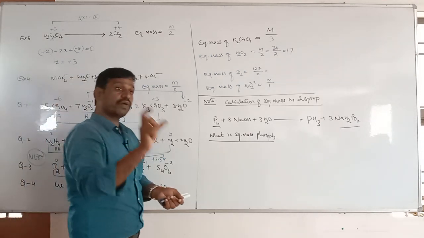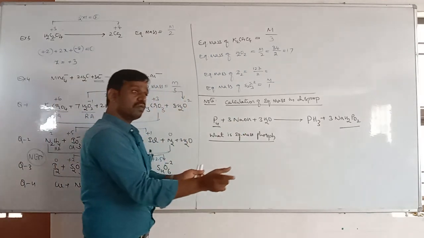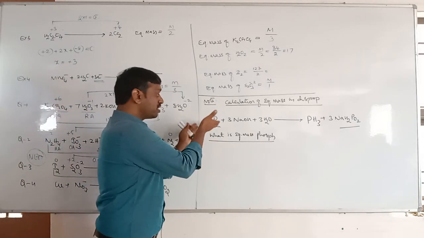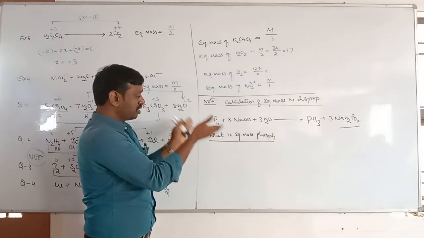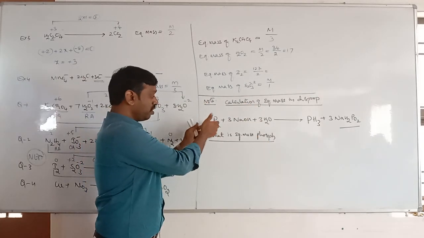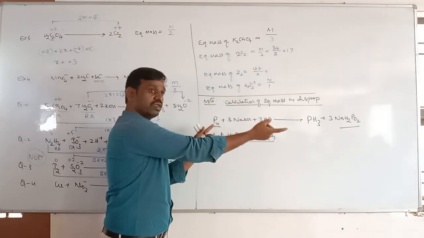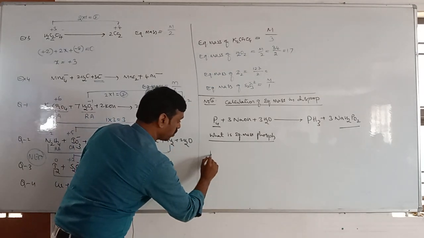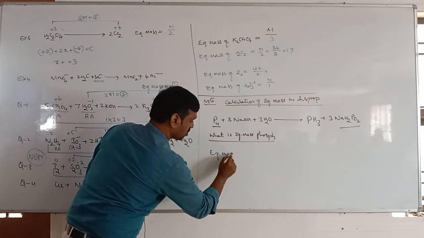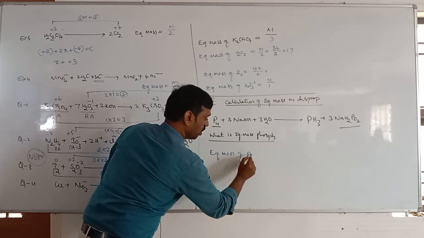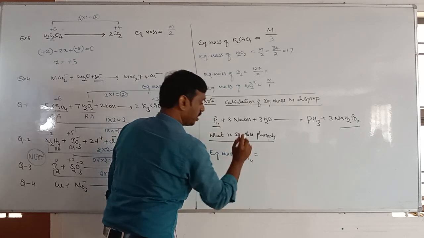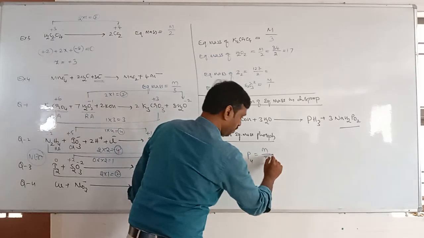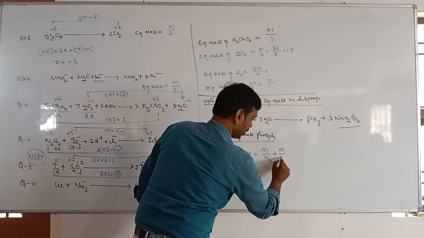In this case, equivalent mass is equal to the sum of the equivalent masses of the oxidizing agent and the reducing agent. In fact, it acts as both oxidizing and reducing agent. Therefore, it is the sum of the equivalent mass of phosphorus when it undergoes oxidation as well as reduction. If I want to write the equivalent mass of phosphorus P4, it is M by n1 plus M by n2.